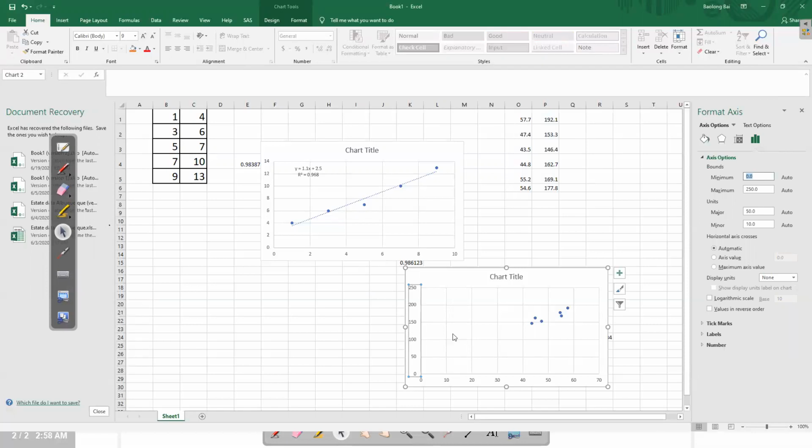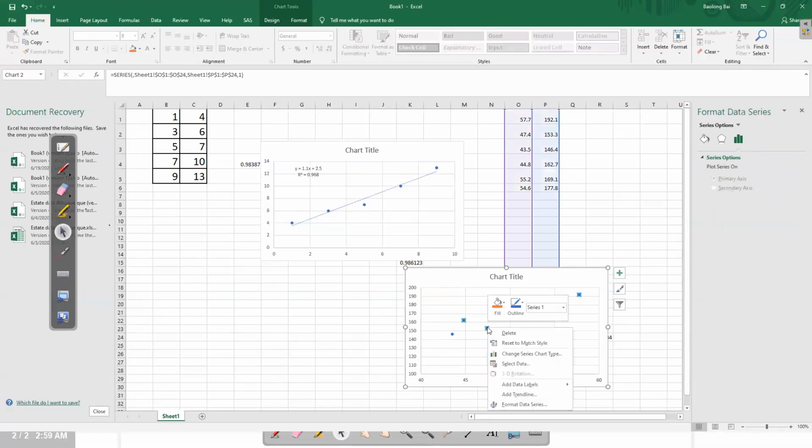For example, there's nothing below 100, so we can start from 100 instead. So it's better, right? And then for X, the same thing. You can see there's nothing below 40, right? If you format the X-axis and start from 40 instead, that way the scatter pattern is very easy to observe.